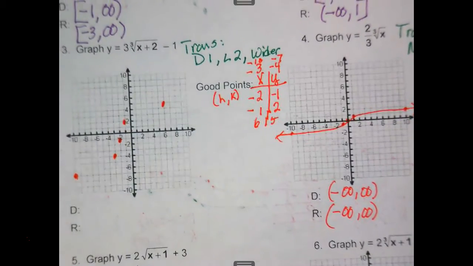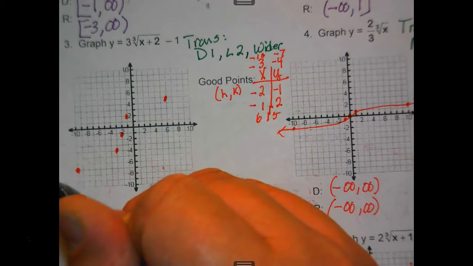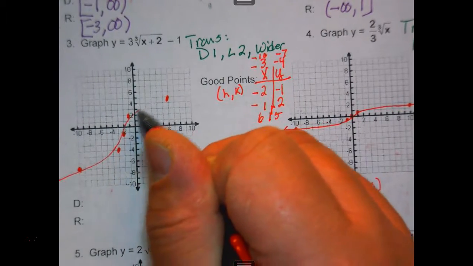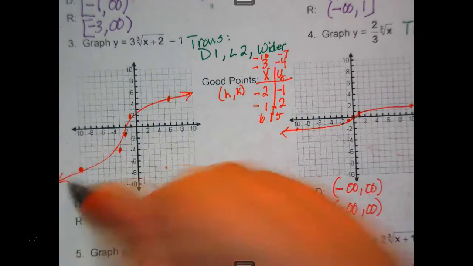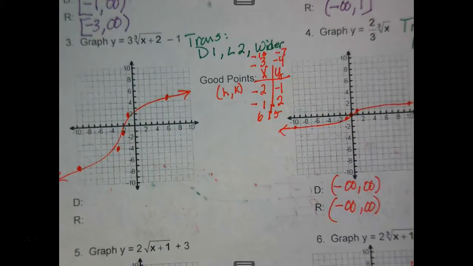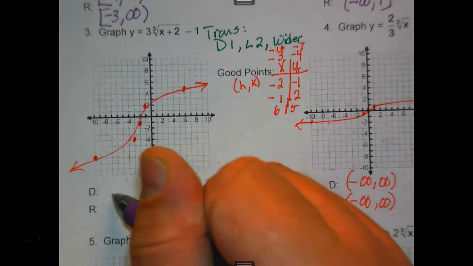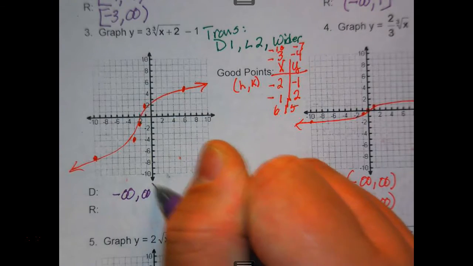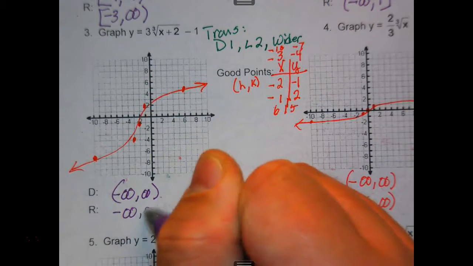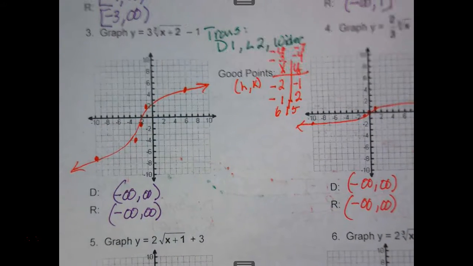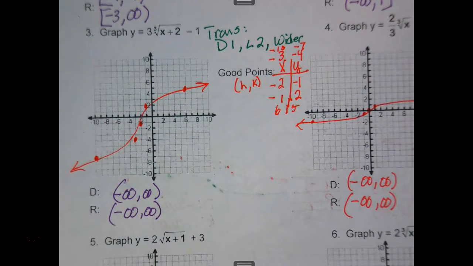There's my 5 points. Domain and range for cube functions. So there's number 5. And the last one. Are we good?